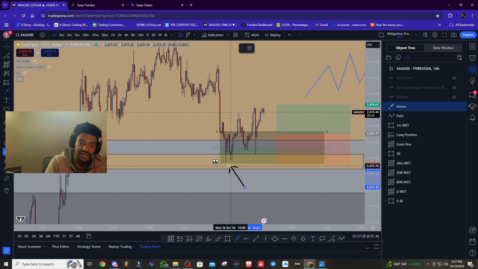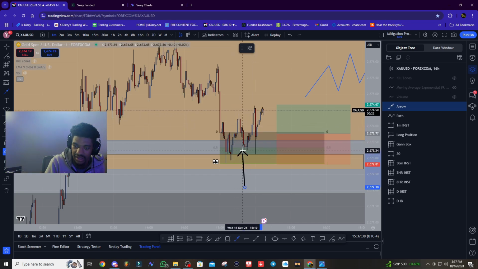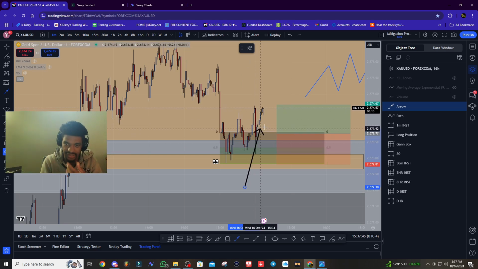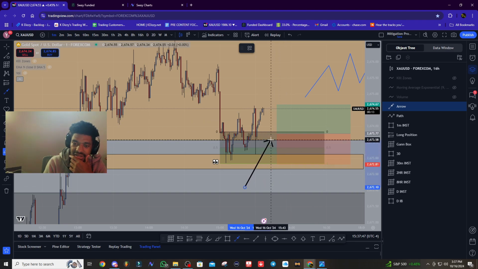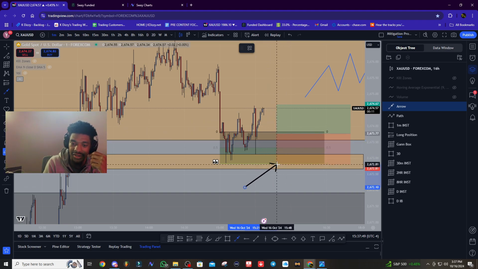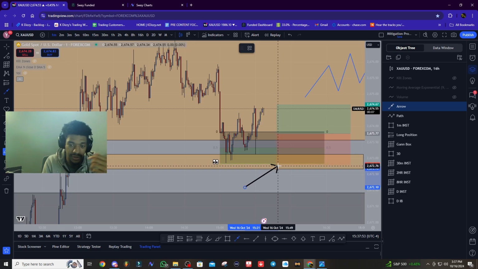So now we're predicting with this indicator. Oh, cool. It respected that. Boom, shot up, came down, respected this area, shot up, came back to this area, and respected this area. This area is telling us something. It's telling us that this area is respectable, respect worthy.